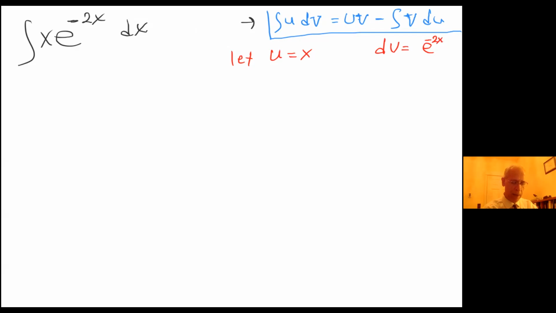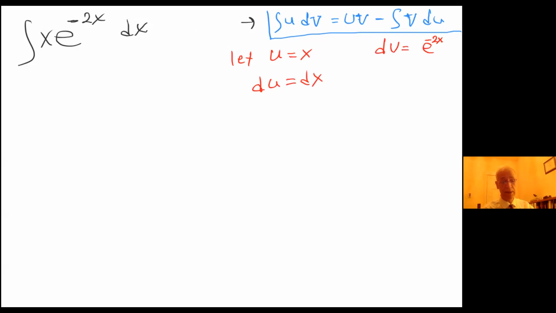And so since u equal x, if I take the derivative of both sides, I will get du equal dx. Okay. And what else do I need? I need to have v.